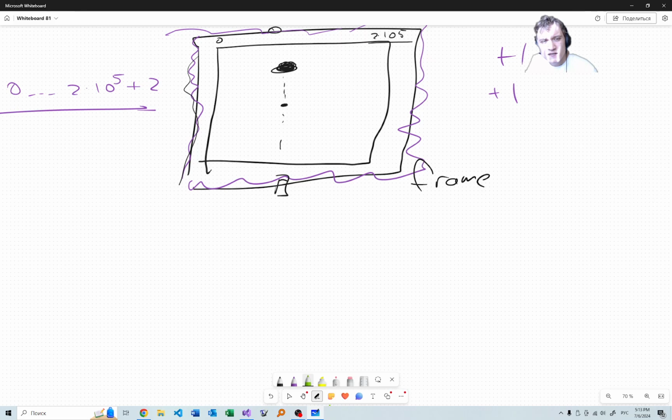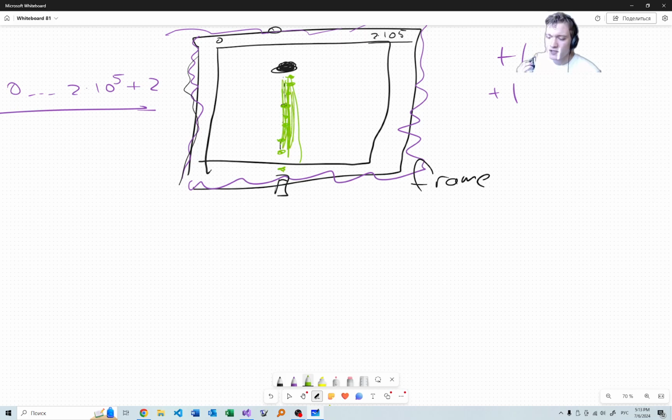What you want to say is that for all these points, the state of being free or not free is the same, because they are simply reachable from each other. Therefore, let's just say that we compress them into one vertex. So this is one vertex.